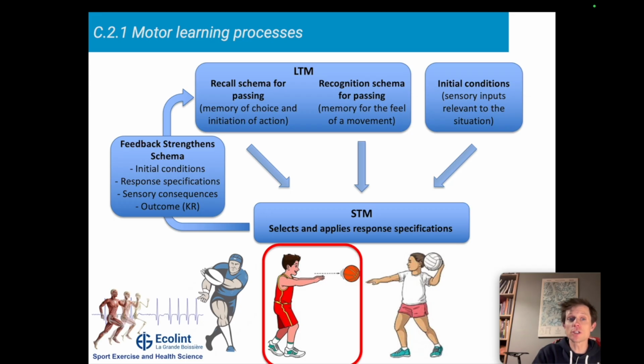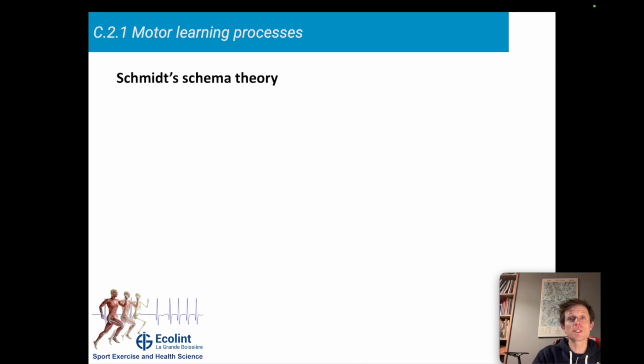The initial conditions, the response specifications, the sensory consequences and the outcome or the knowledge of results are going to influence the schema and update them continuously. When we're talking about Schmidt's schema theory, please bear in mind the theory states that we have these generalized motor schema, which can then be retrieved from the long-term memory, combined with the initial conditions to decide what is the most appropriate response for that specific environment.